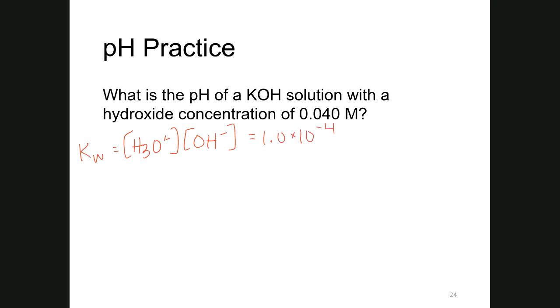Well, we have our hydroxide concentration right here that we can plug in. And so we can solve for H3O plus this way by saying that H3O plus will be equal to 1 times 10 to the negative 14th, that should say 14 up there, over our hydroxide, which is 0.04. And so when we do that, let's see what we get.